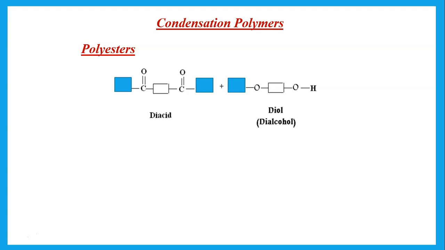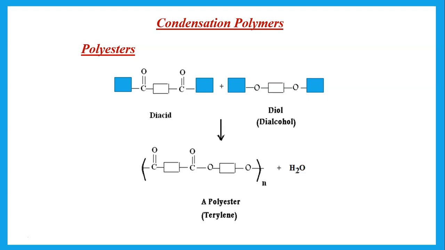On the other side, we remove the OH to join to another alcohol, and on the right, we remove that H to join to another acid. That means my product is this, and this is what we call a polyester: C double bond O, box, C double bond O, O, box, O.